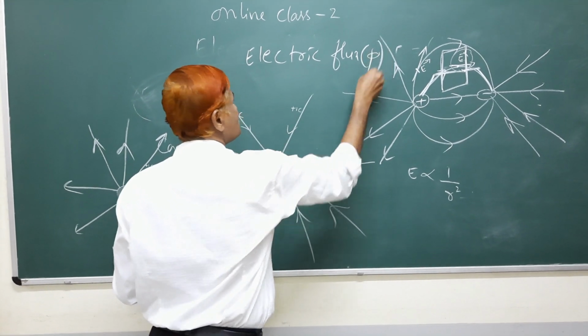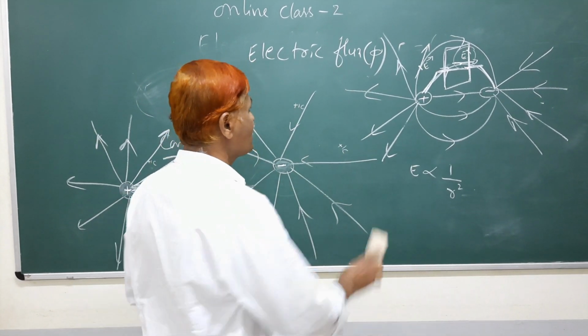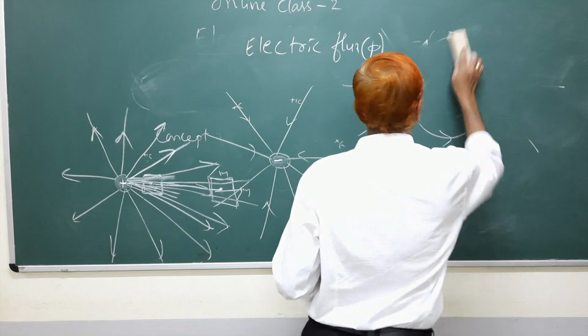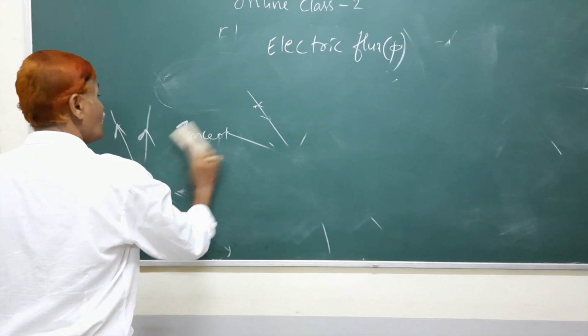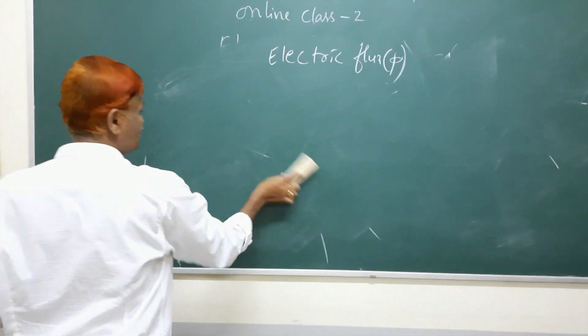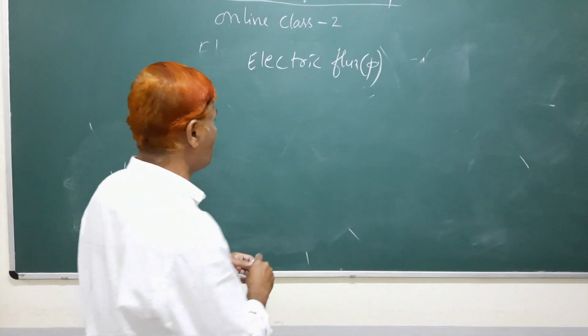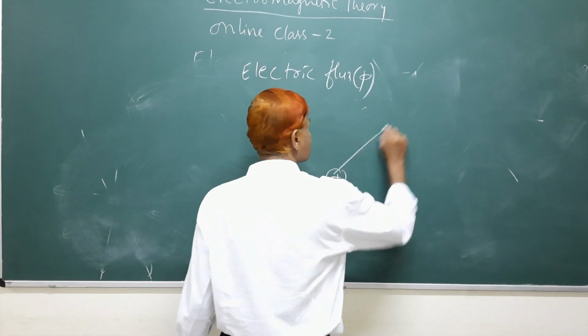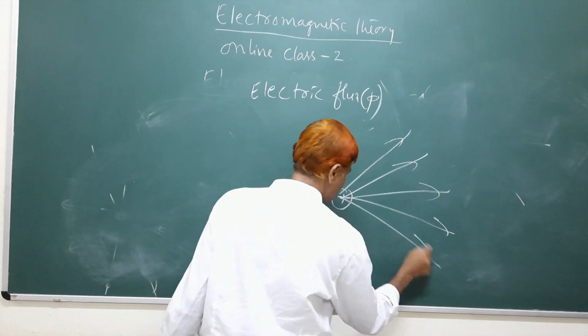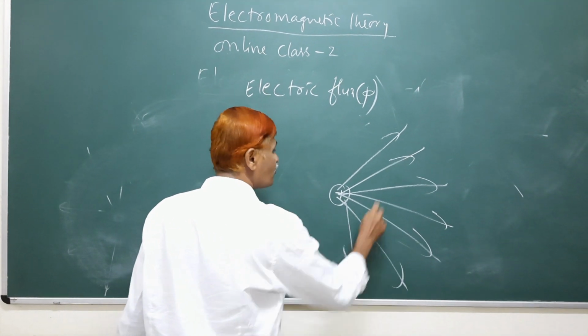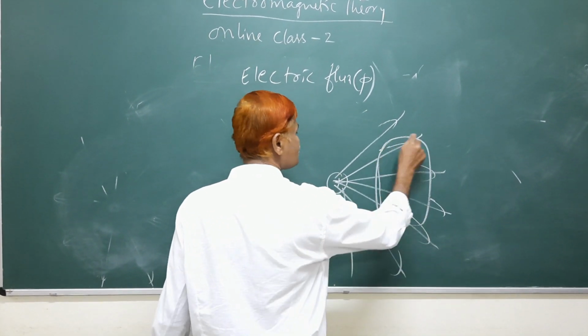Electric flux phi represents the number of lines of forces passing through that area. If we have a point positive charge here, these are the lines of forces, and we have some area here.